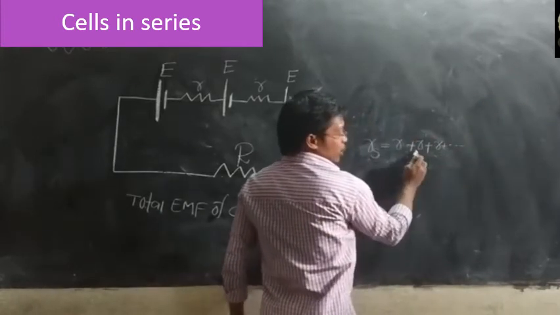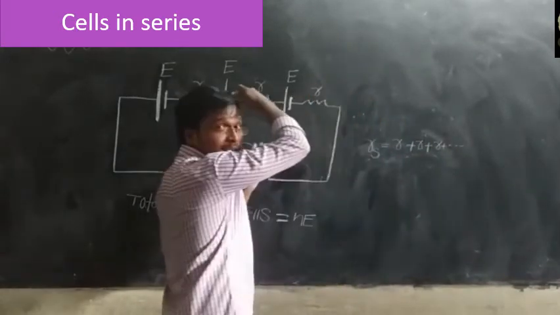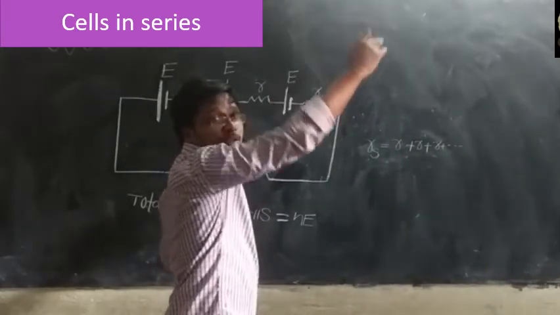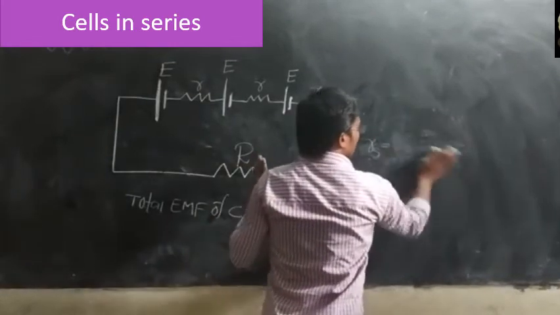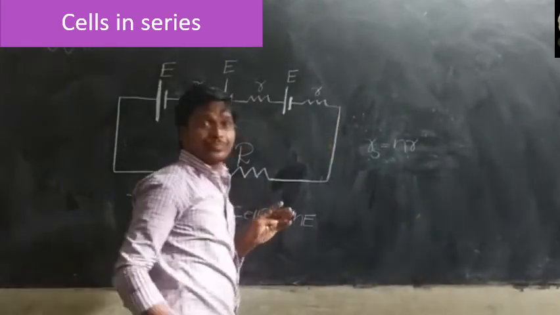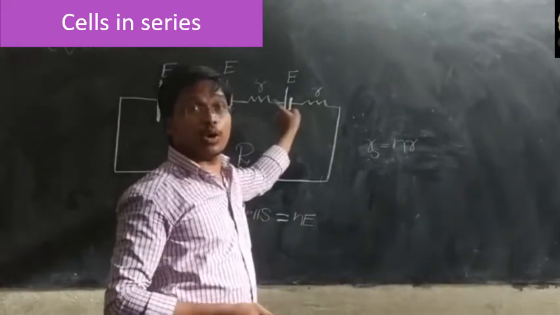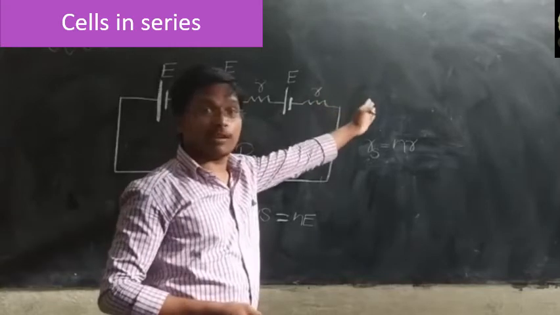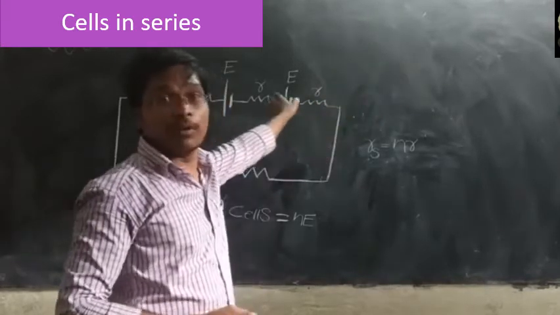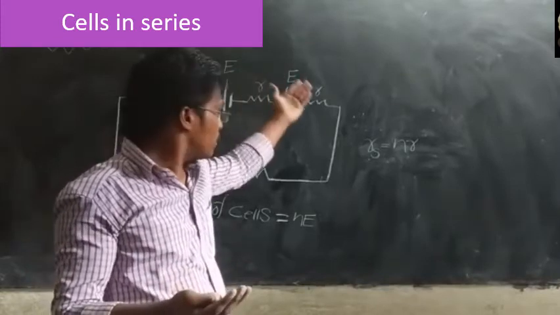R plus R is 2R, plus R is 3R, 3R plus R is 4R. Like that, N resistors are there in series, so what is the total resistance? N into R.